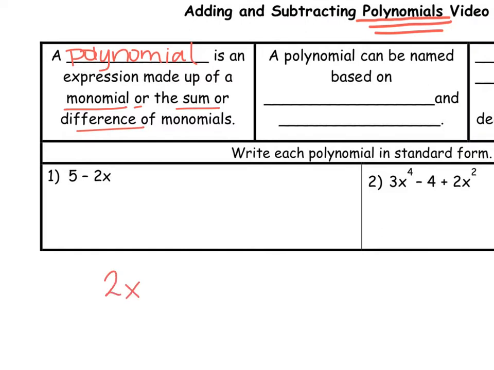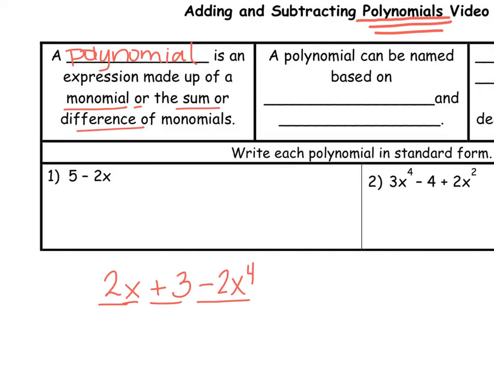That is a monomial. When we start adding pluses and minuses in there, then it becomes a polynomial because we have more than one term. So this polynomial has 1, 2, 3 terms, and all of those terms by themselves are what we call monomials, and they're connected by plus and minus signs.